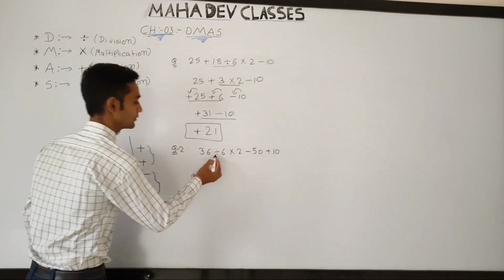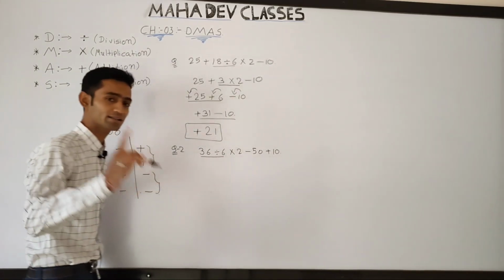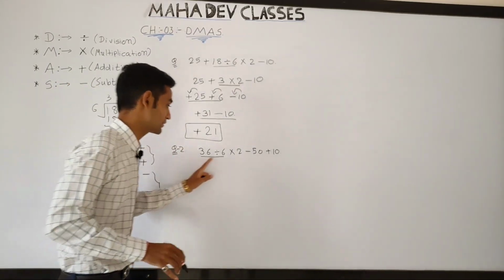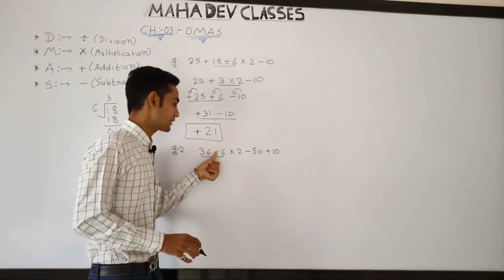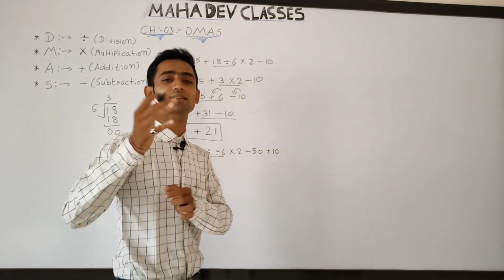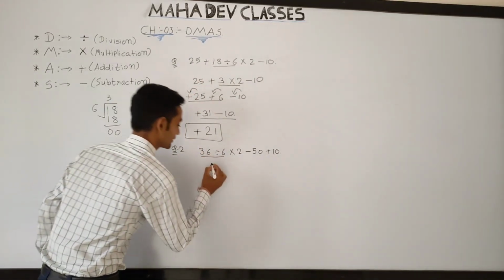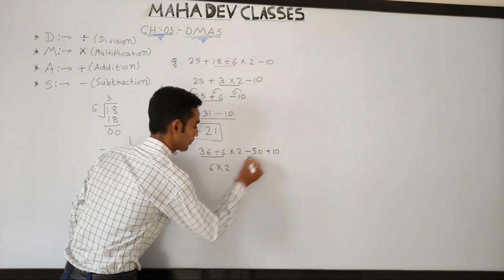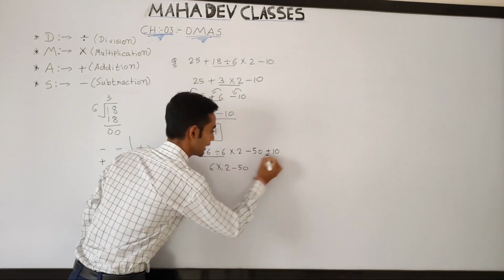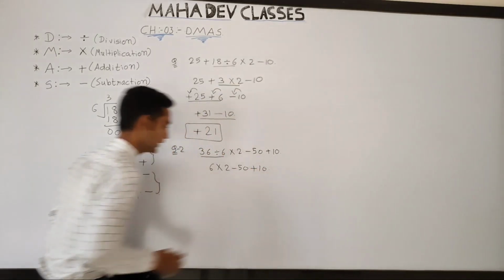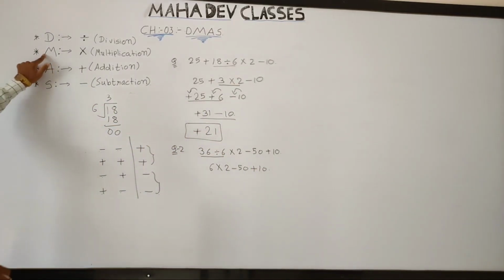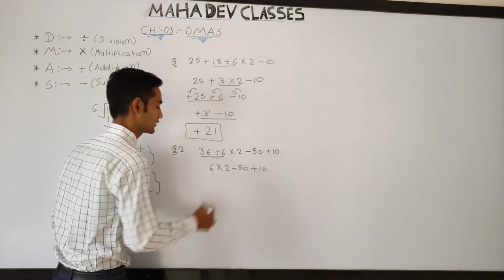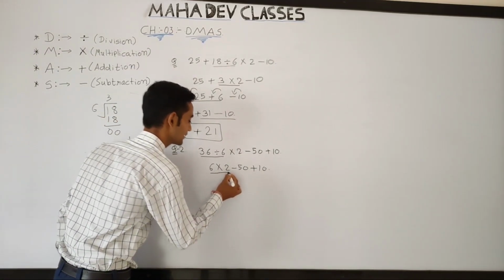You can see that the divide symbol is between 36 and 6. So first of all you have to do the division of 36 and 6. 36 divided by 6, 6 6s are 36. So the answer is 6, and then multiplied by 2 minus 50 and plus 10. Now we reach the multiplication. Now where is the symbol of multiplication? You can see that the symbol of multiplication is here.